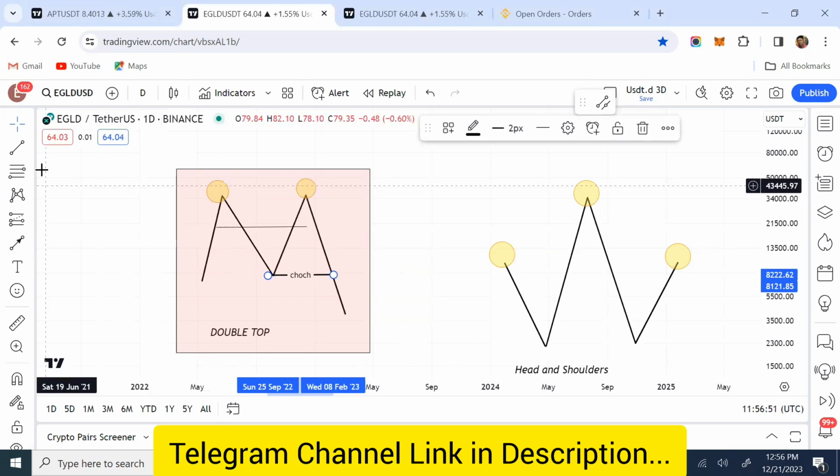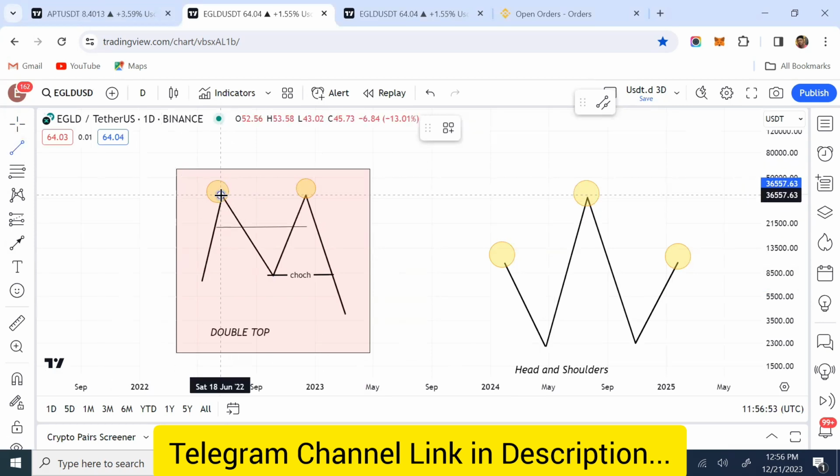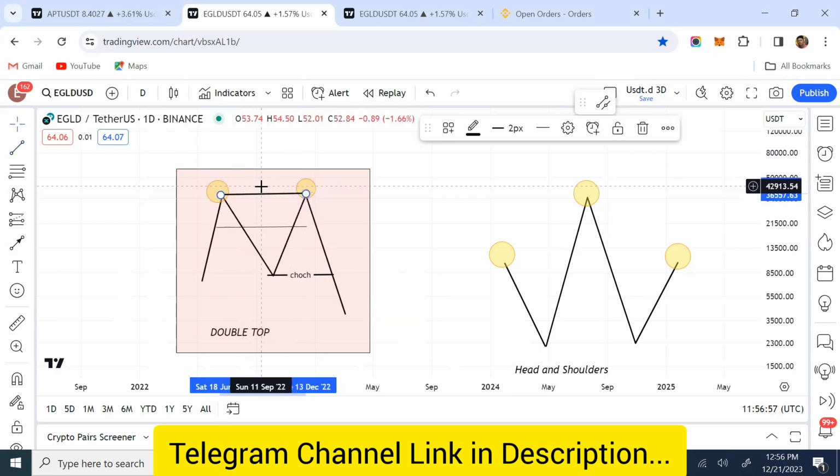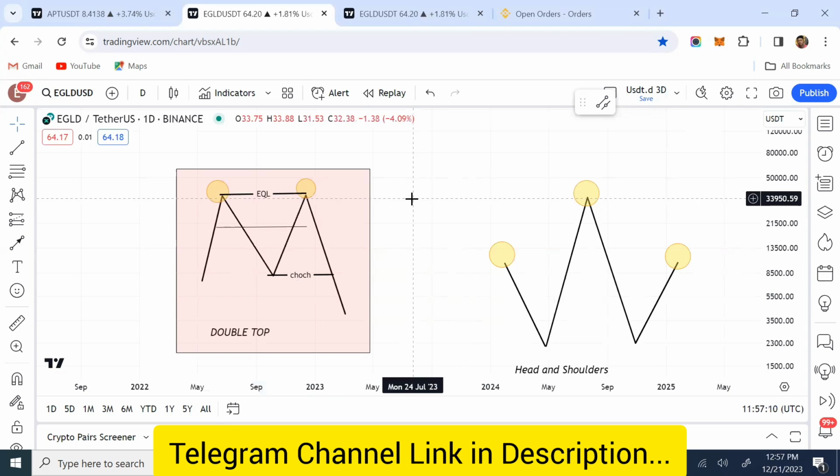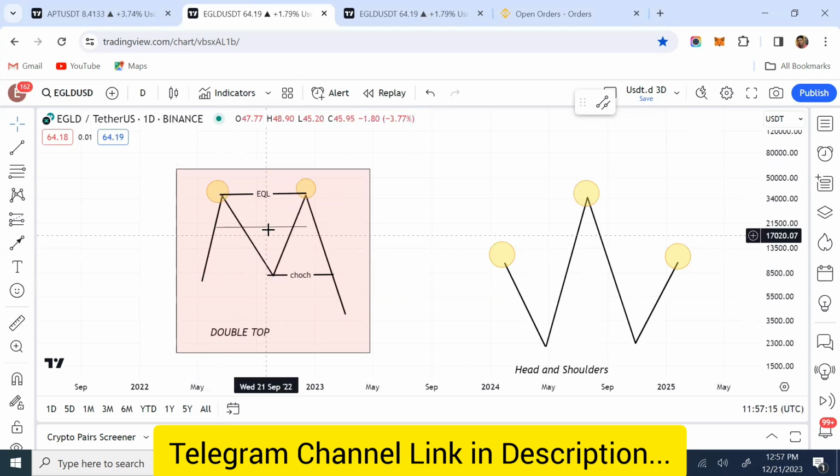All right, and here is going to be our equal highs. Here is going to be EQL. Let me just put this in caps. All right, are we good? Yeah, so basically this is a double top formation.